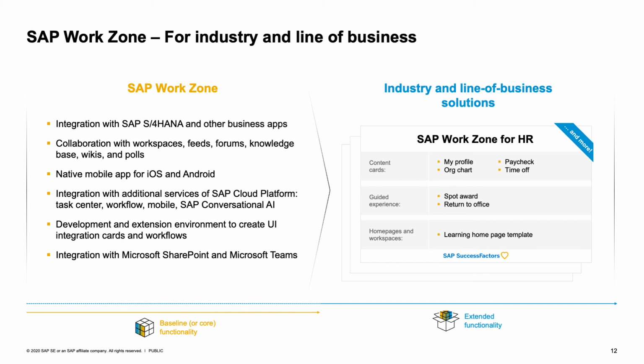So there are cards such as org chart or paycheck, guided experiences, workflow, such as spot award or return to office, and there are templates for home pages and templates for workspaces. Think about a nice experience combining formal and informal learning with blended learning and curated content.